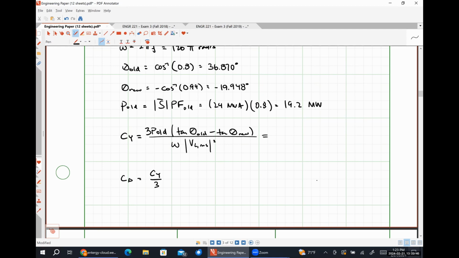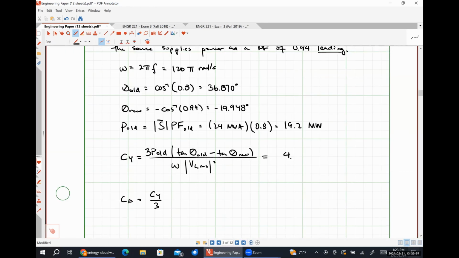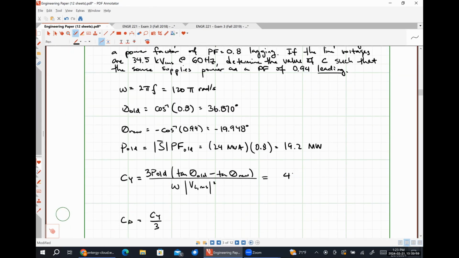That seemed aggressively large. This is way better. Give me 47. Ooh, what just happened? Sorry. 47.622 microfarads. Divide that by 3, and I get 15.874 microfarads.